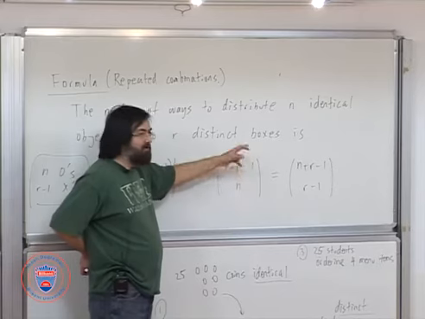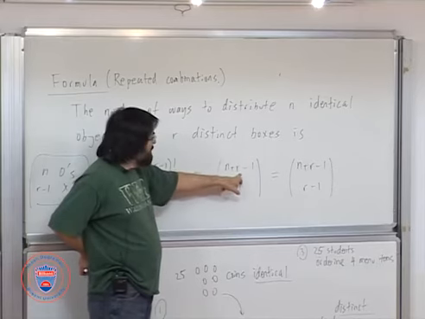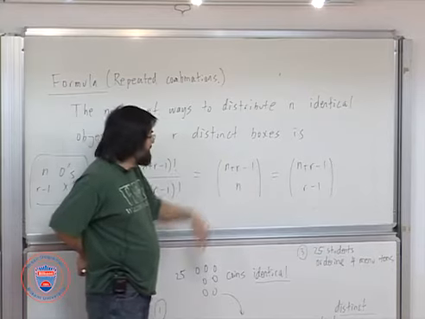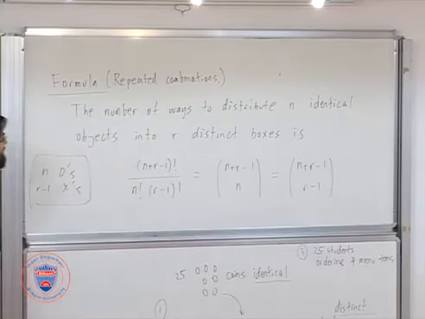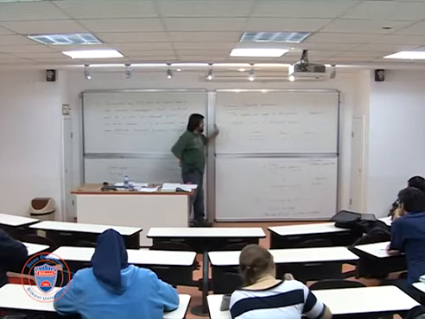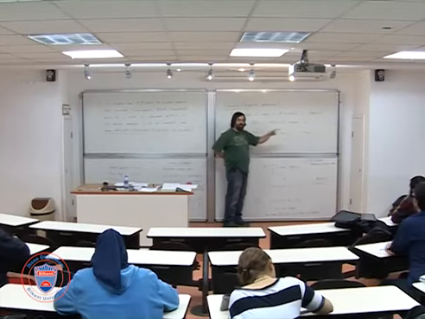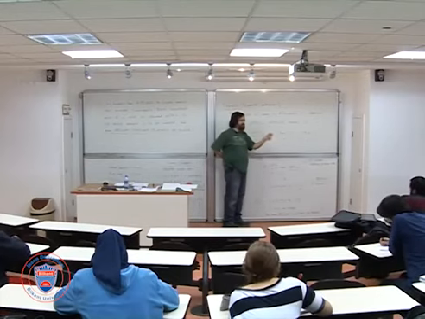But think this way: you have n balls and r places. So for each ball, you're actually choosing a box.